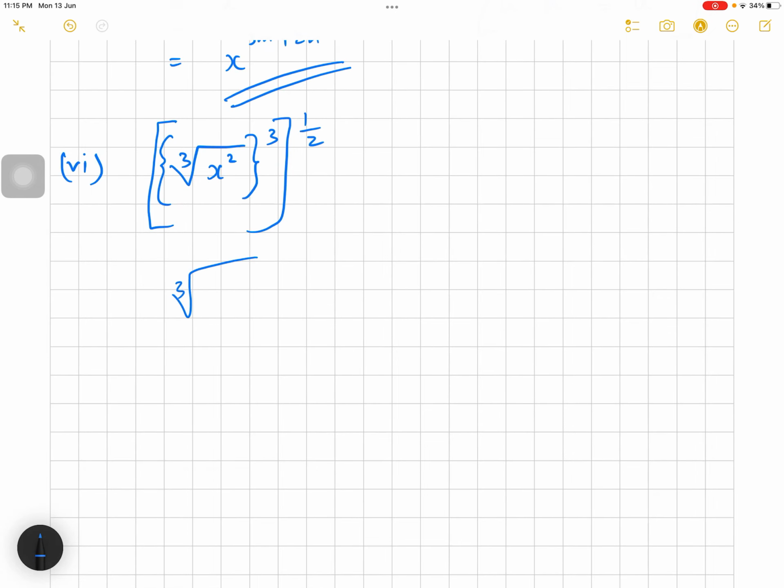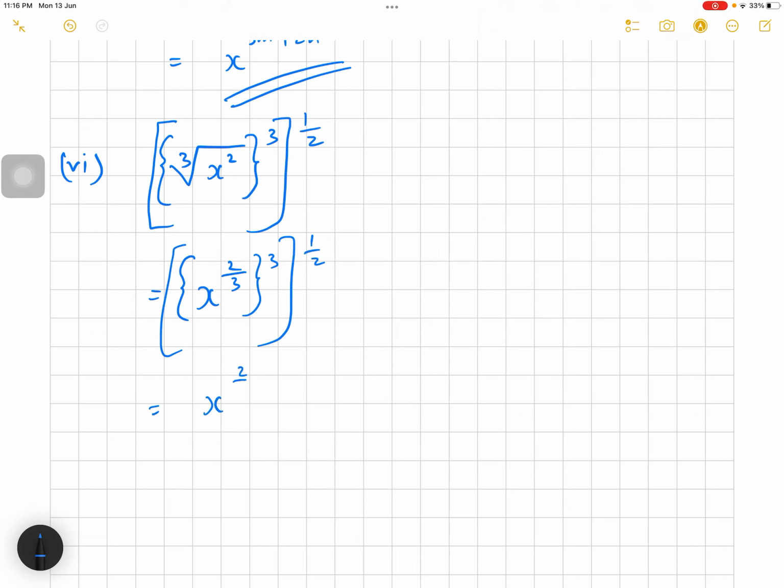Now it is cube root of x square, right? So x square will remain as it is, x square upon 3, right? x square upon 3 and cube root, and then 1 by 2.